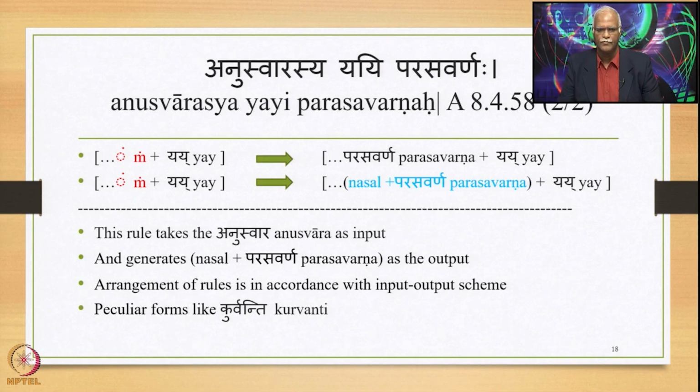And so there are some peculiar forms like kurvanti which remain, which are generated by Paninian grammar, where first of all the anuswara substitution takes place. Then in the sequence the sutra 8.4.1 tries to apply, but there is no condition remaining, and so it does not apply, and then 8.4.58 applies, and after 8.4.58 applies, 8.4.1 cannot apply.